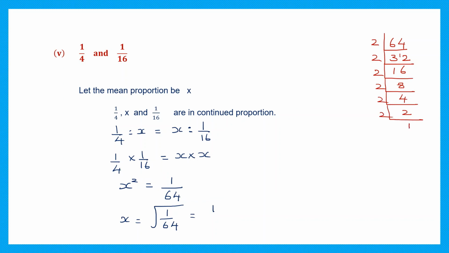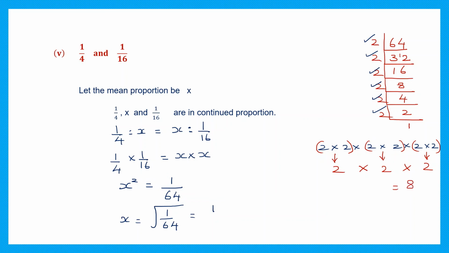So let's see how many 2s we've got there. 1, 2, 3, 4, 5 and 6. Now we have to pair them up because we are having squares. Square means 2 in twos. Take 1 from each pair. So I have 2, 2 and 2. Multiply them all. 2 2s are 4, 4 2s are 8. So the square root of 64 is 8.